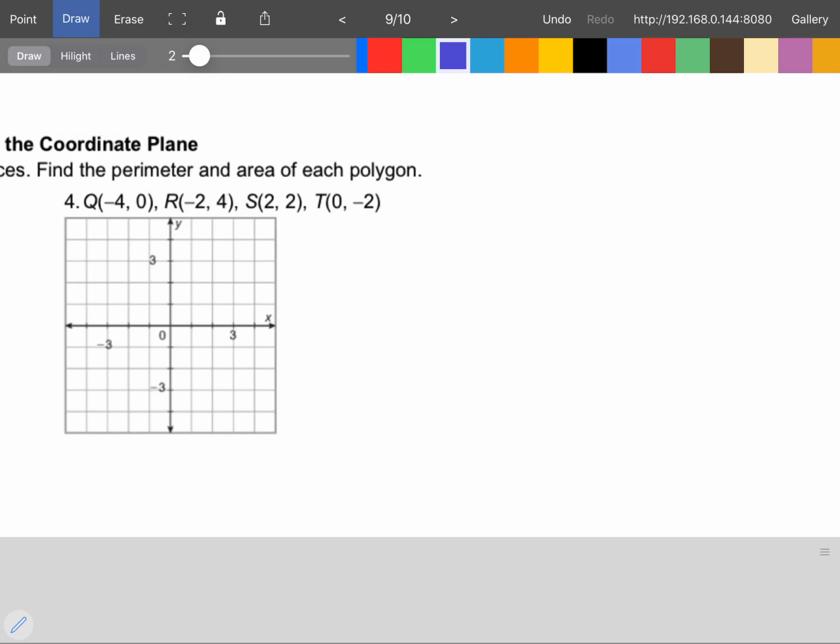The first point is Q, that's negative 4, 0, so that's 4 to the left. And then we got negative 2, positive 4, so that's 2 left, 4 up. And then we got the point 2, comma 2, so that's 2 right, 2 up. And then we have the point 0, negative 2, so that's 2 down. And then let me draw this thing.